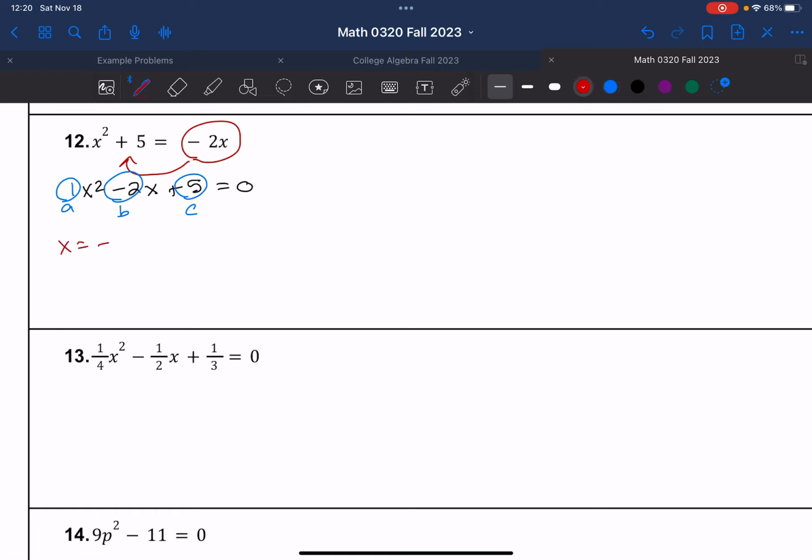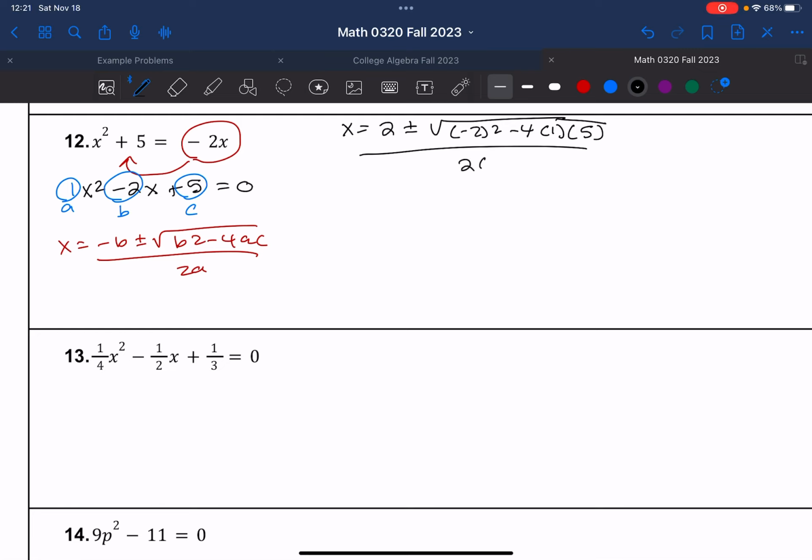So plugging it into our formula, we get x is equal to -b. b is already negative, so we'll just write a +2, plus or minus the square root of b squared, so -2 squared, minus 4 times a, which is 1, times c, which is 5, all over 2 times 1.